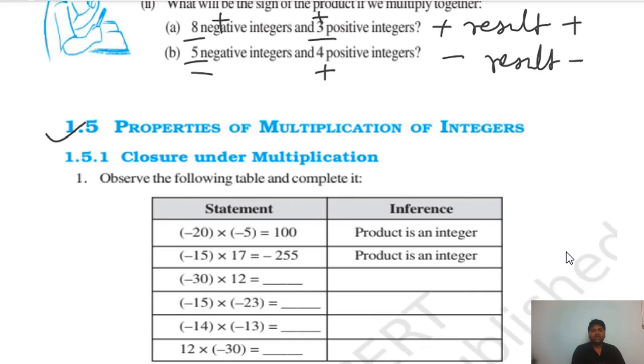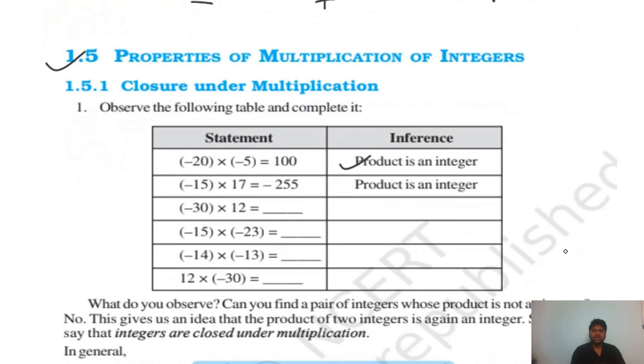When we multiply minus 20 into minus 5, we get 100, and this product is an integer. Minus 15 into 17, we get a negative number, and this product is an integer.